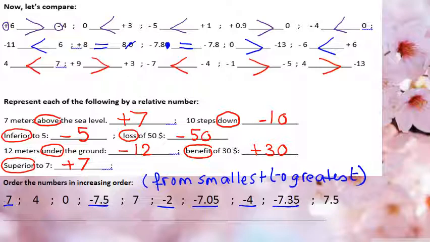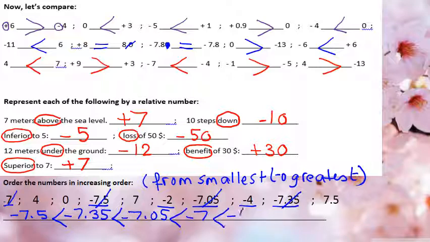The smallest of these is the one farther from 0. So we start with minus 7.5. It's less than minus 7.35, less than minus 7.05, less than minus 7, less than minus 4, less than minus 2.